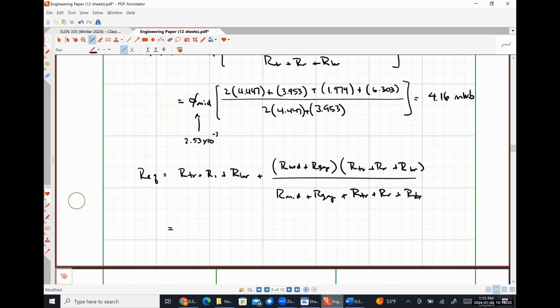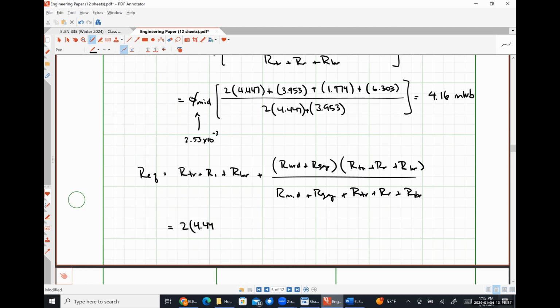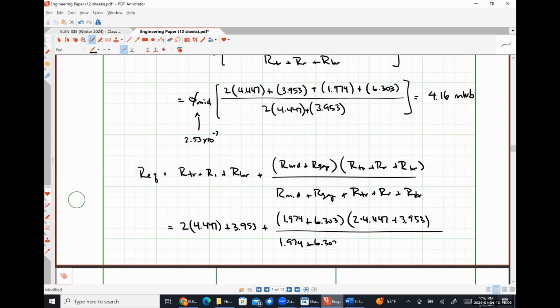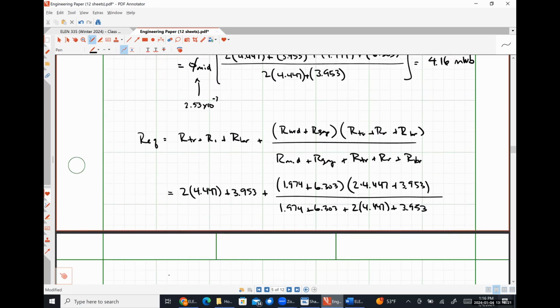So let's see. 2 times 4.447 plus 3.953 plus a fraction: 1.974 plus 6.303, times 2 times 4.447 plus 3.953, over the sum of 1.974 plus 6.303 and 2 times 4.447 plus 3.953.